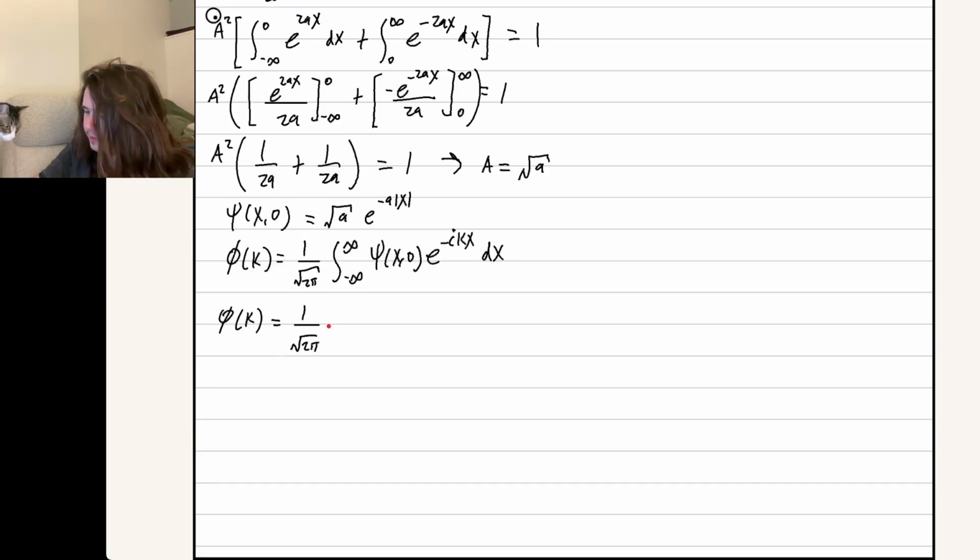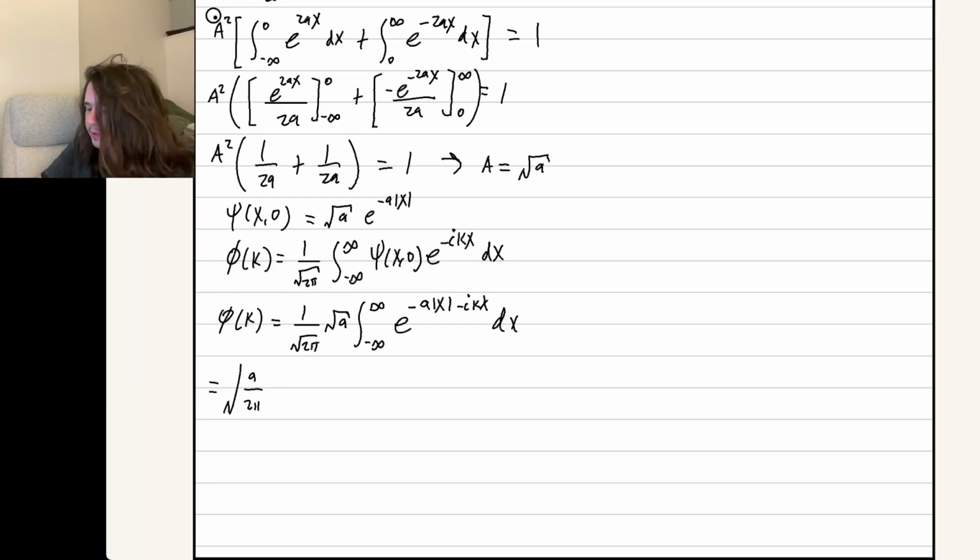So for us, we've got a root a here. It's going to be the integral from minus infinity to infinity of e to the minus a absolute value of x minus ikx. And then just do that integral.